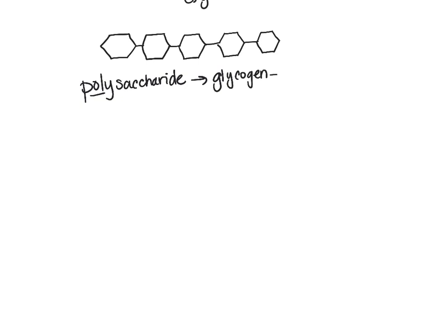Glycogen is our main form of stored glucose in animal cells. So our polysaccharide, many saccharides, lots of saccharides all together, our main form in our bodies, in animal cells, is called glycogen.